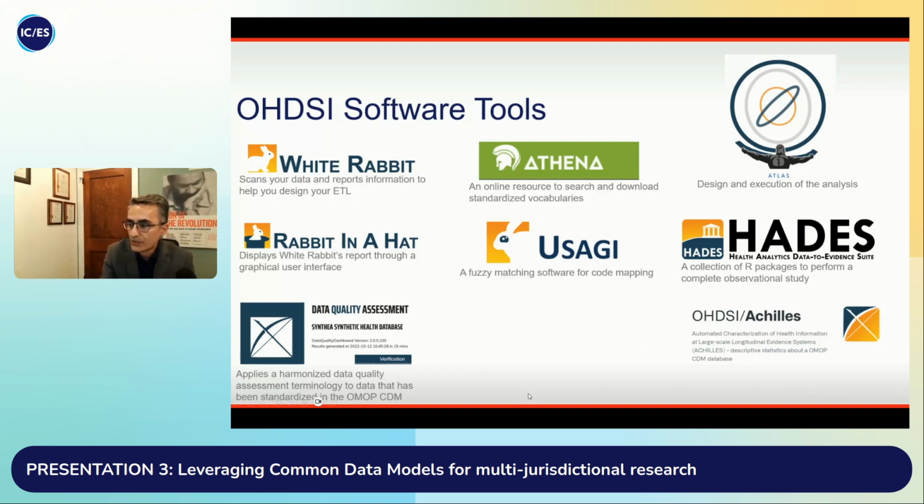Athena is an online resource that allows you to download and search standardized vocabularies. Usagi, which I recently learned in Japanese means rabbit, is a fuzzy matching software for code mapping. For example, in a Canadian context, if you want to convert ICD-10-CA to SNOMED CT, you load the descriptions of both codes, and using fuzzy matching, it suggests the best match and the matching rate.